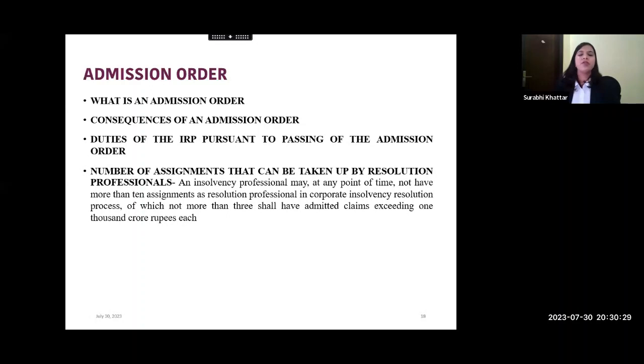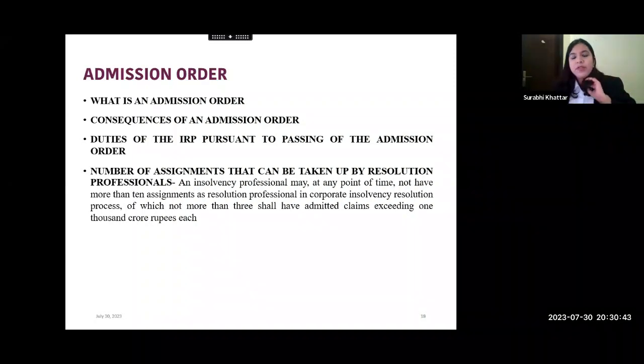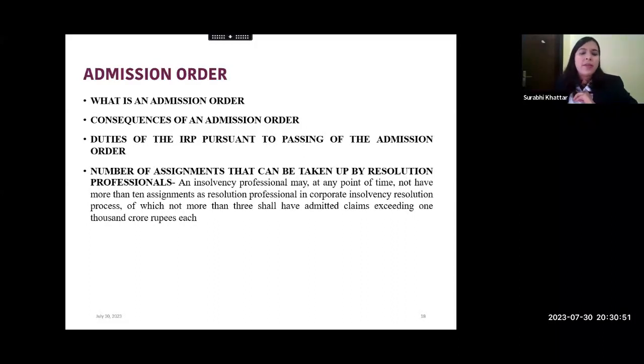Third, the interim resolution professional will call for claims from financial creditors, operational creditors, and other creditors. There is also a limit on the number of assignments that an interim resolution professional can take. This has been recently introduced. A resolution professional can only take 10 assignments, out of which not more than 3 can be exceeding 1,000 crores.